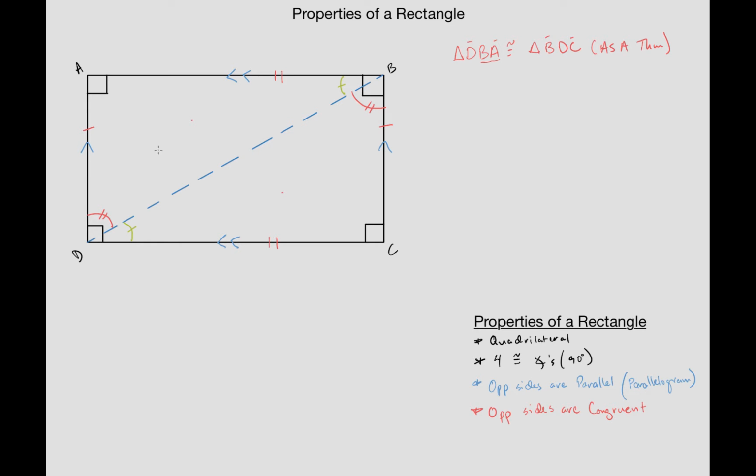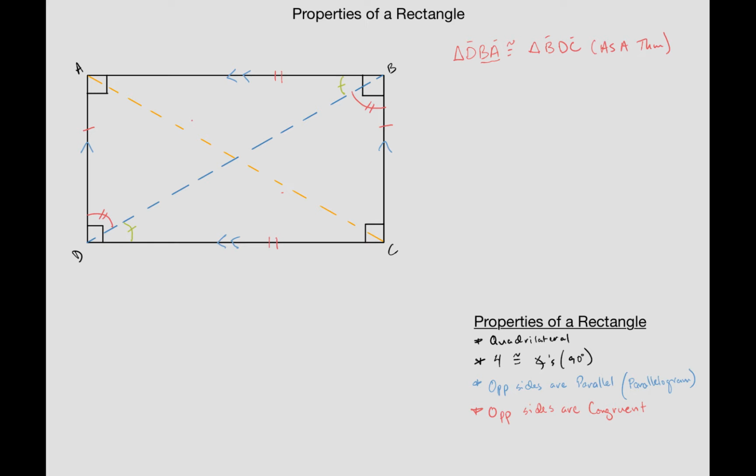Just as we did with the rhombus, we're going to add in our second diagonal now. With that in there, we can get quite a bit more information because we know that the right triangles in here are all congruent to each other. Let's highlight things so we can see that more clearly.